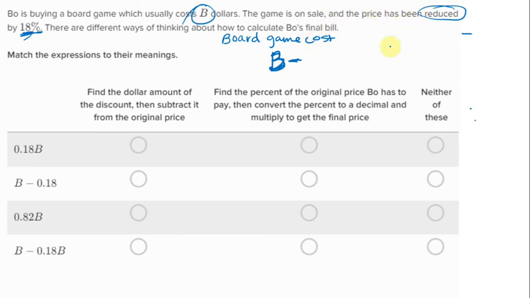And then it says the price has been reduced by 18%. So the price has been reduced by 18% of what the price used to be. 18% of old price, which we said is B. 18% of B means that we need to take 0.18 and multiply it with B. And that tells us how much we need to subtract from our original price.